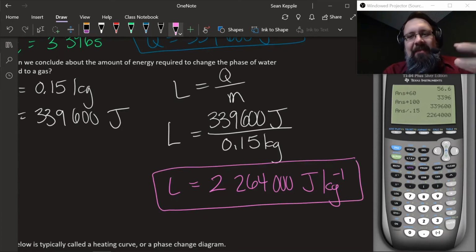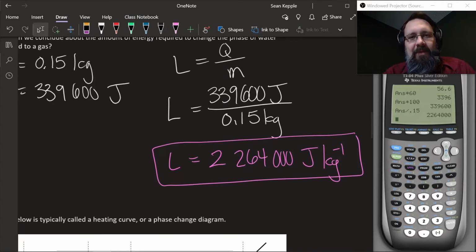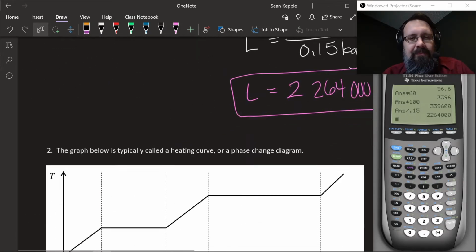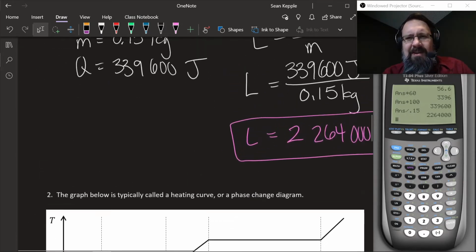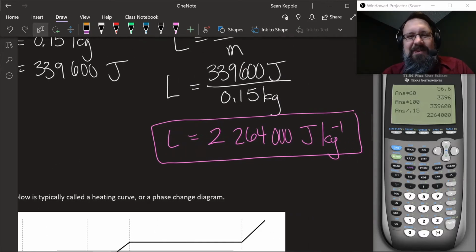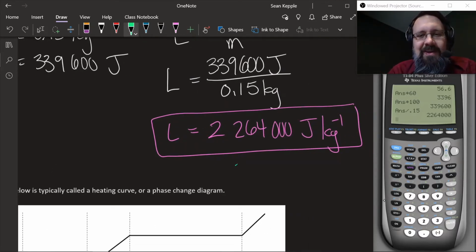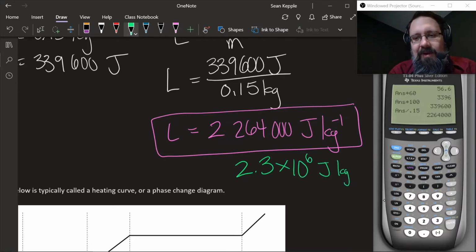This is saying that if you have a kilogram of water, which is a liter, it's going to take 2.3 million joules to boil it, to change the phase from liquid into a gas. I forgot about sig figs up there. It's supposed to be 2.3 times 10 to the 6th joules per kilogram.